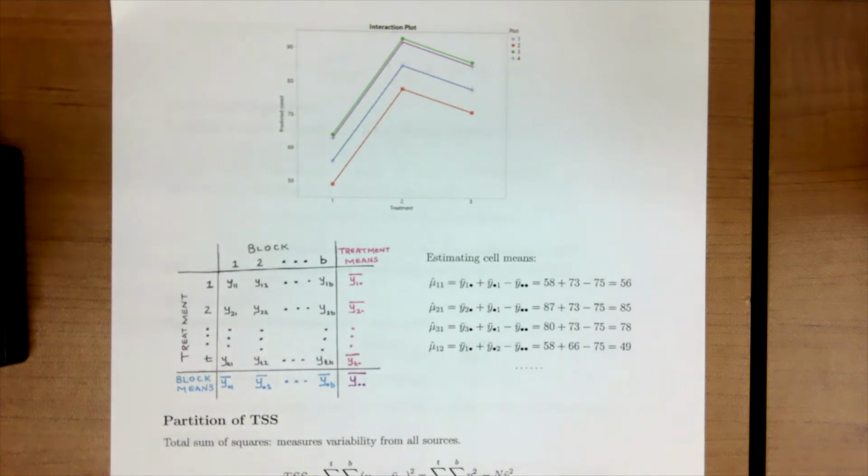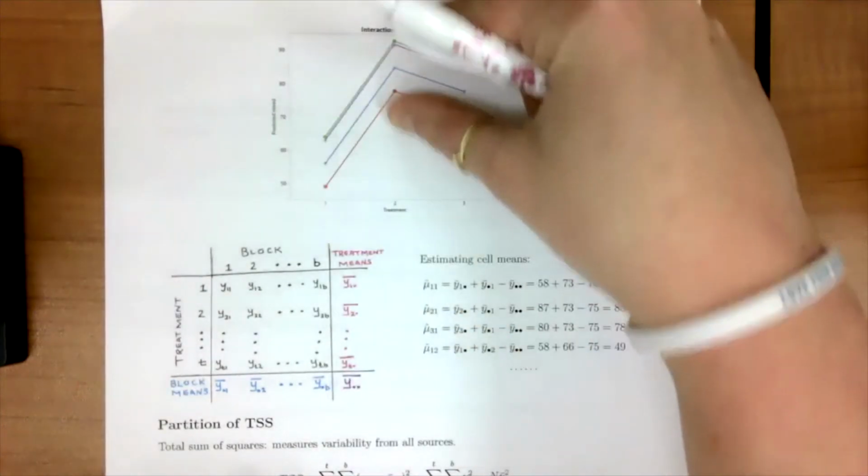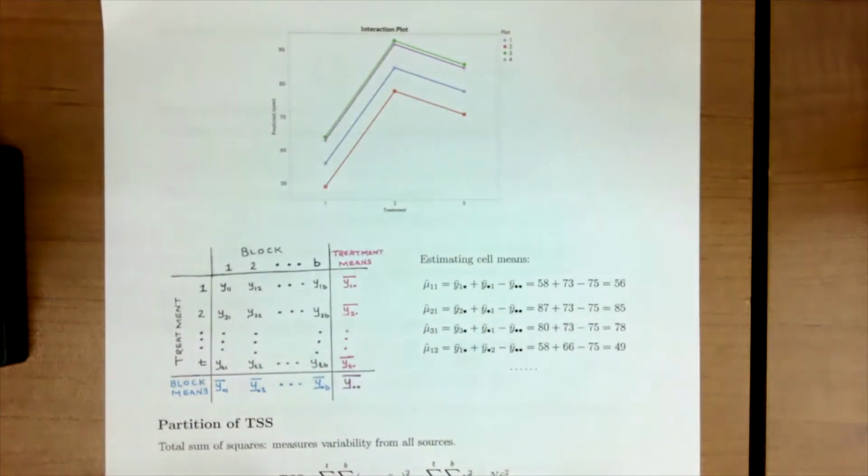We would say that the effect of the insecticide, of how A relates to B, does not change depending on your location. So if A is higher than B in one location, then A is higher than B in the second location or plot. And we see it, so it's basically a shift of the blocks.